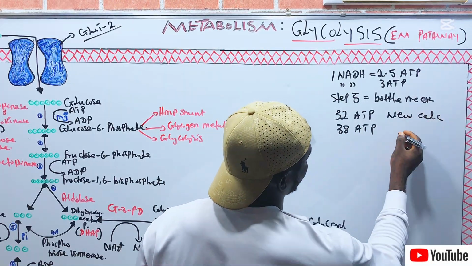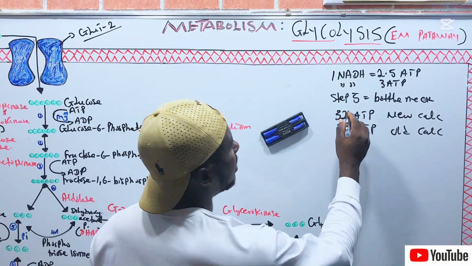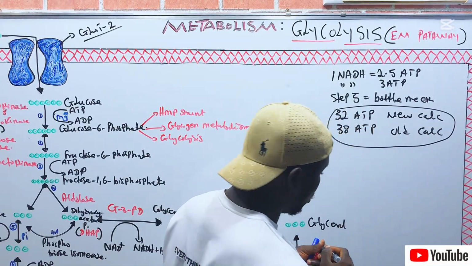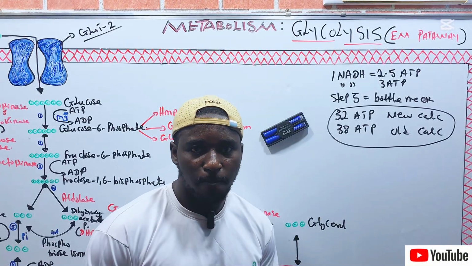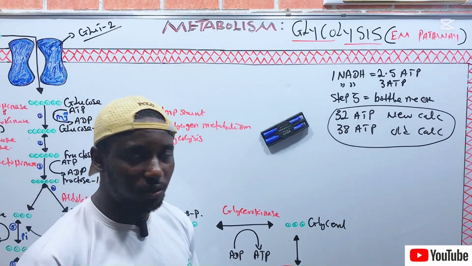This is the number of ATP used for complete oxidation of glucose, which involves glycolysis and the citric acid cycle.